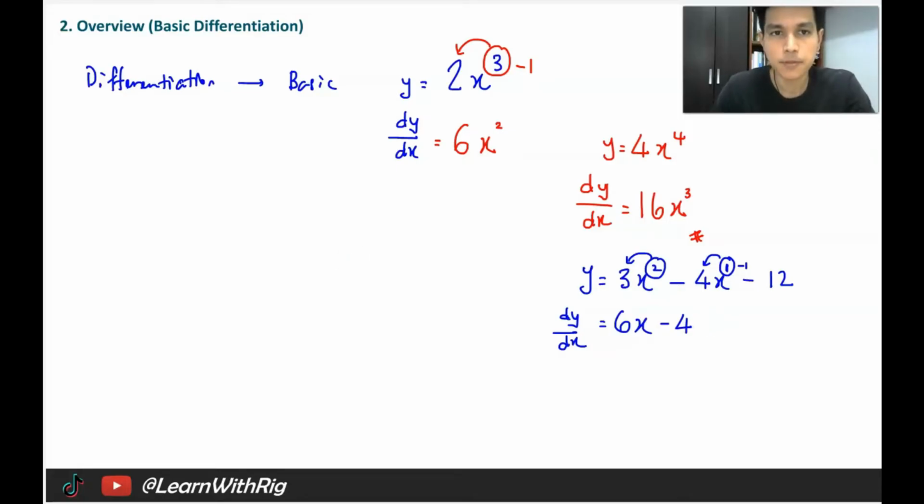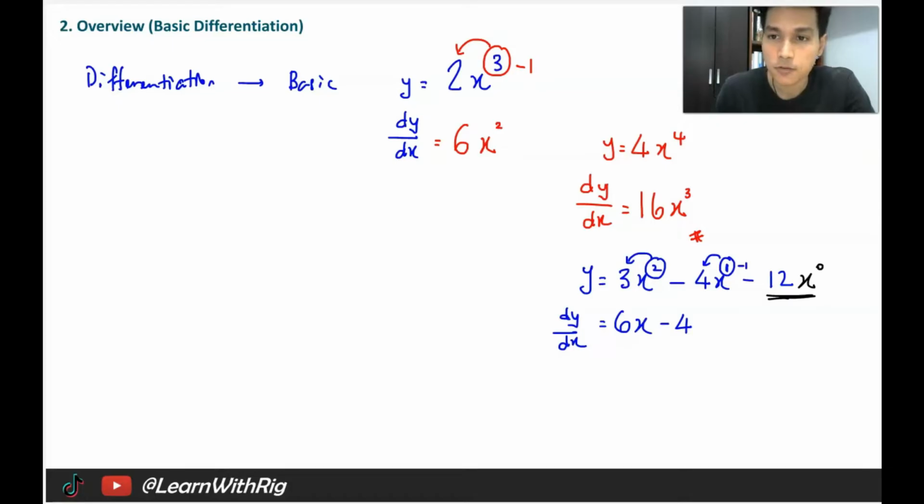So what happens to the constant, negative 12 here? If you notice, what this means is the x value is power 0, the same as what happened here. You don't write x power 0 because it equals 1. So in this case, actually there is an x, and the x is power 0. That's why you don't write it.